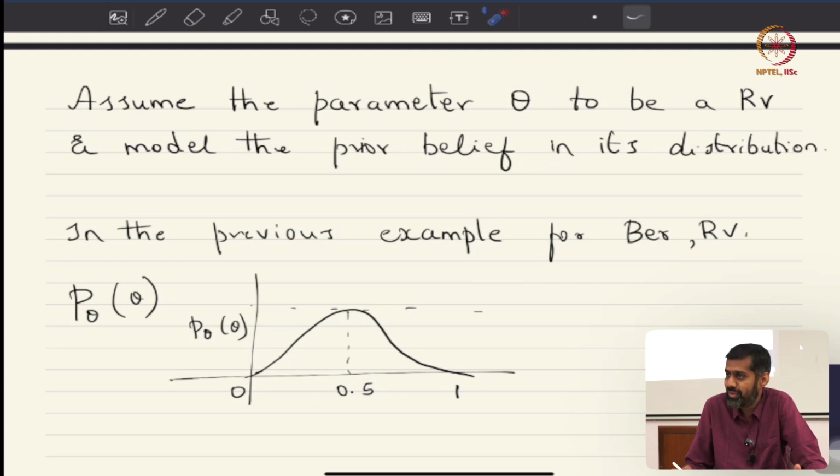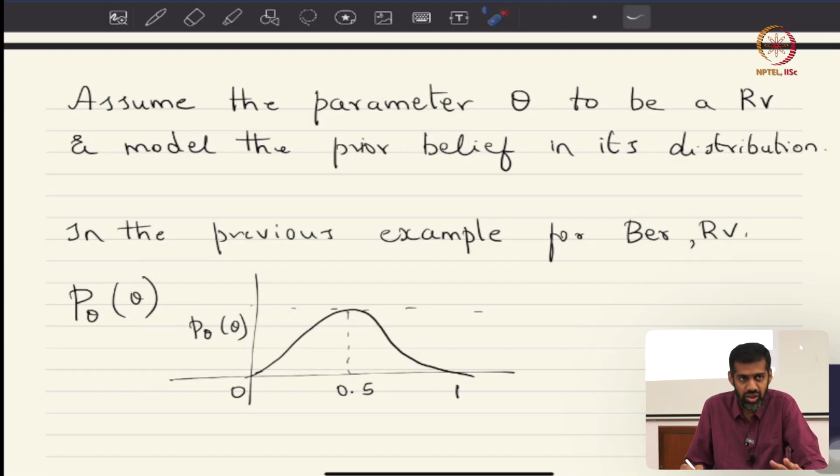Even that is not a good idea, right. What if the coin that you have or the Bernoulli trials that you are conducting will skew your belief? Please remember that the prior belief that we have on the parameters is completely independent of data, and it only comes from sources that are not related to data. So that is why it is called a prior belief.